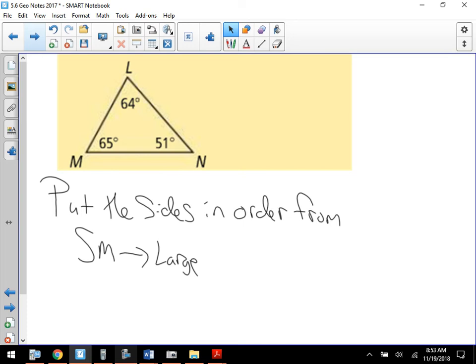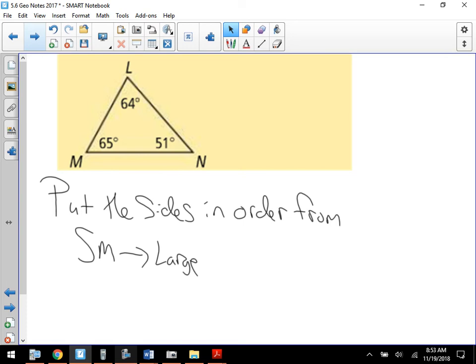How do you write sides? That's not a side. How do you label sides? How do you label a segment? How do you put the sides in order, smallest to largest?